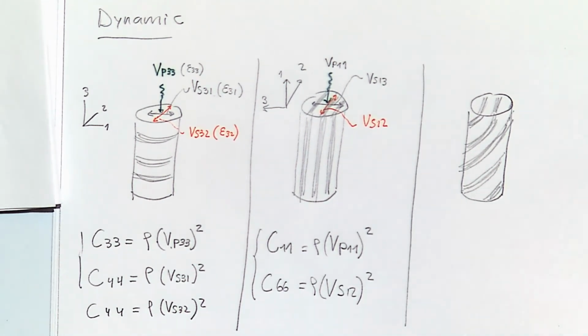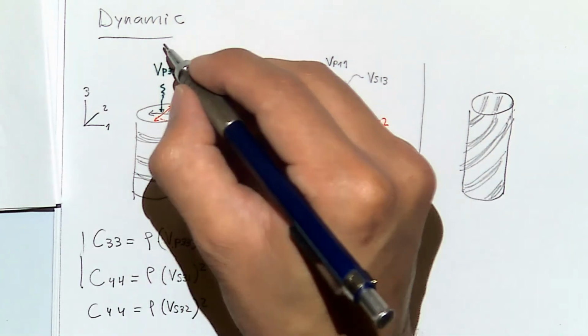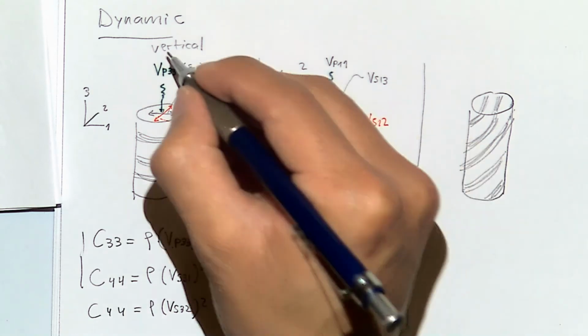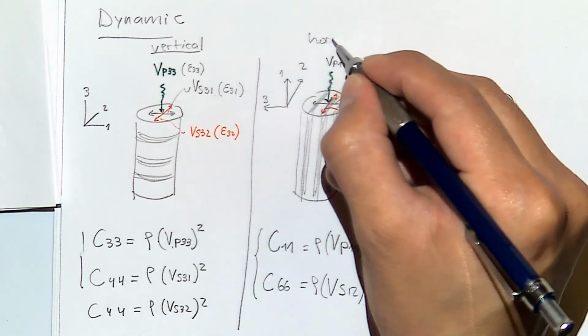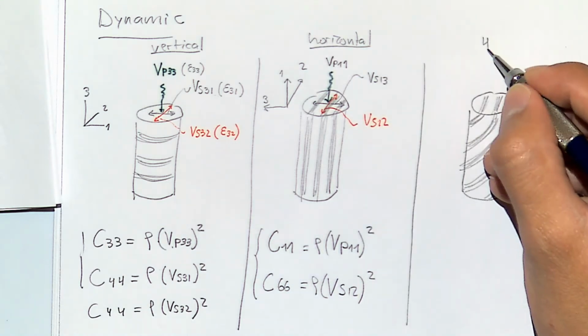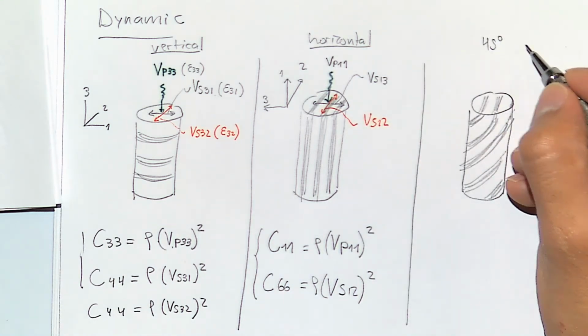This is called a vertical sample. This one is horizontal. This one is called 45 degrees.